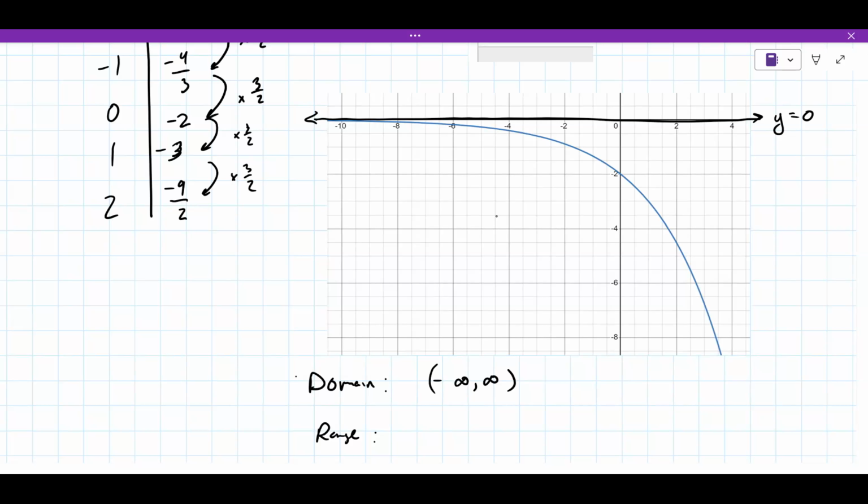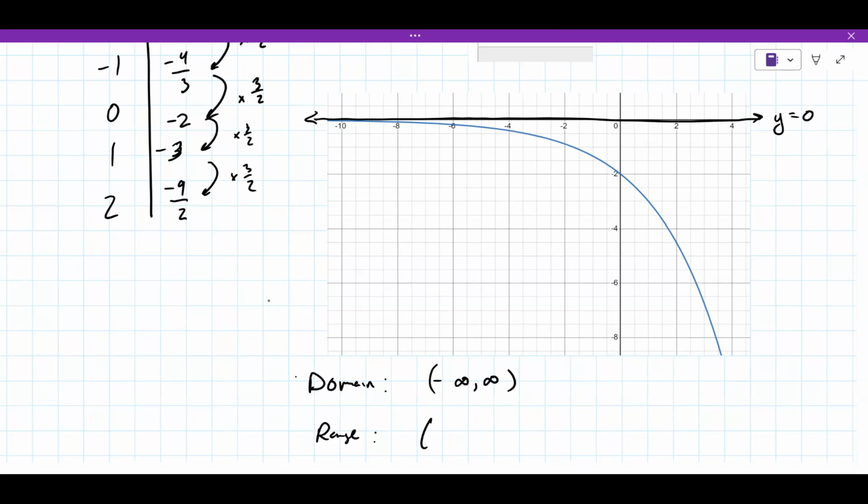Okay, and for the range, this time you have to decide how far down, what's the smallest y value? How far down does this go? Well, I'm pretty sure it goes down to negative infinity.